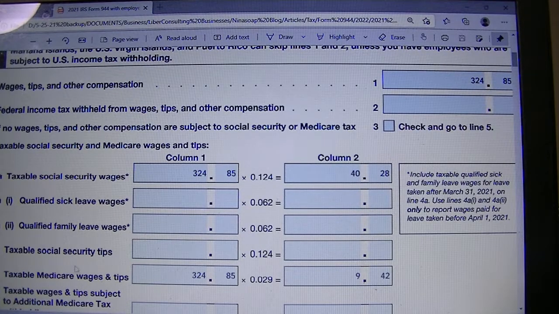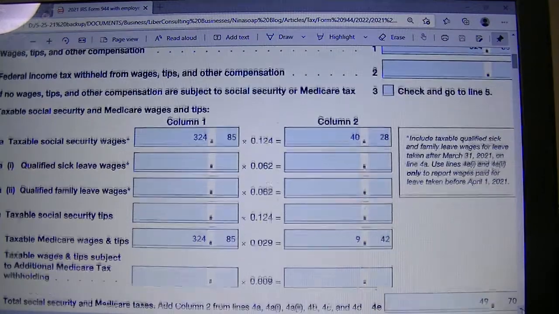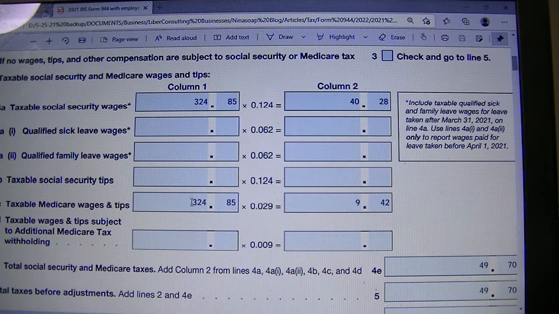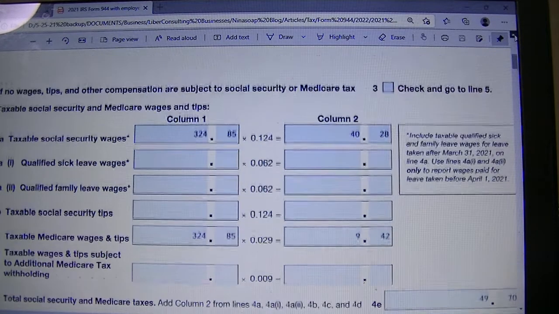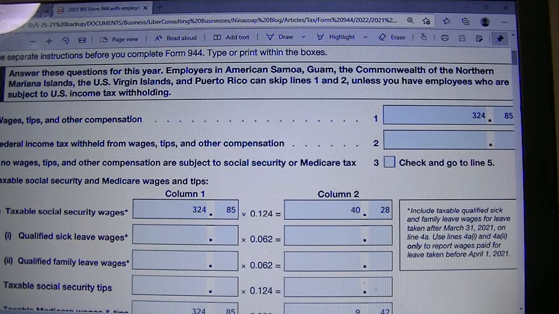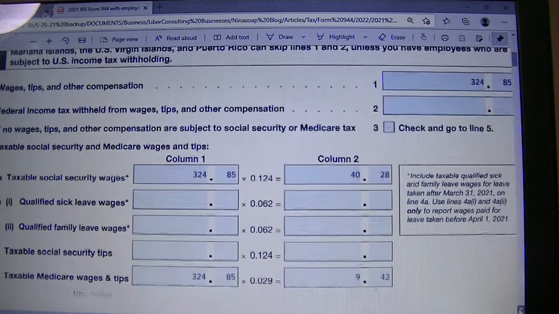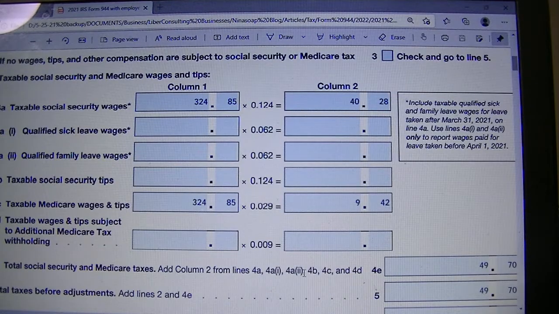Line 4c, taxable Medicare wages and tips. Column 1 is the wages and tips. That portion is going to be the same as line 1, total wages in our case. $324.85 times 0.029.